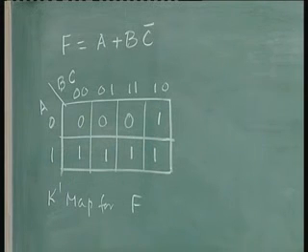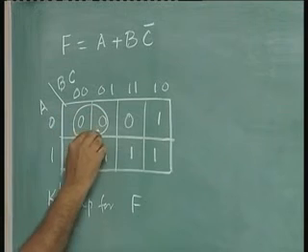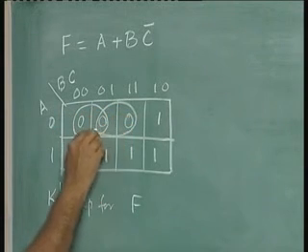If I now group these zeros and identify prime implicants and essential prime implicants, I will get F bar. Whenever the function is not true, there is a 0 entry in the truth table as well as in the corner map. So now I am going to group these two zeros and these two zeros.